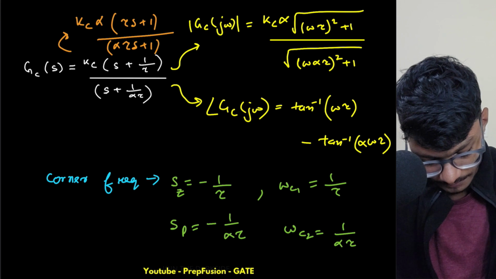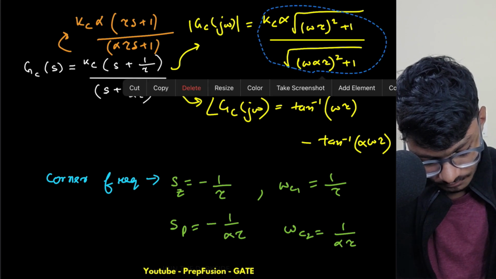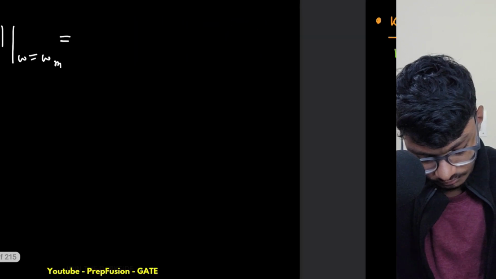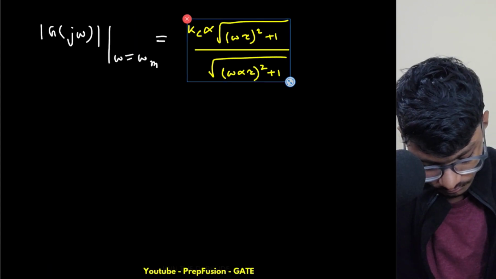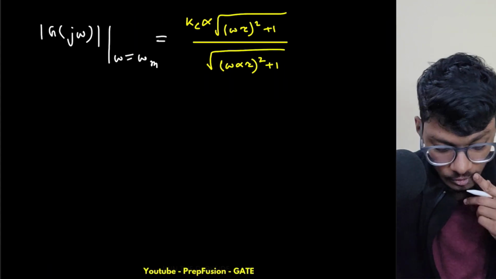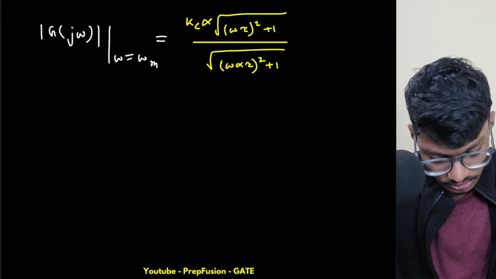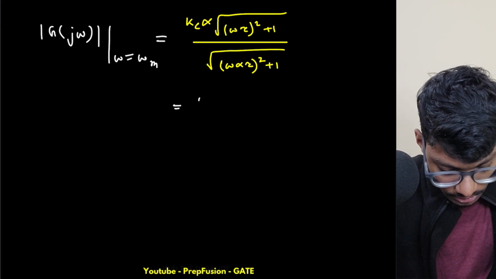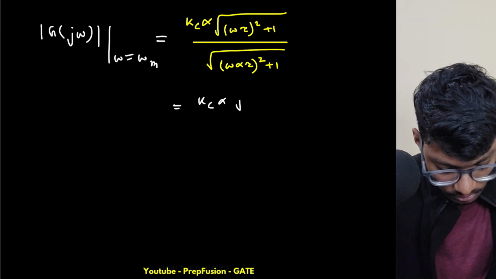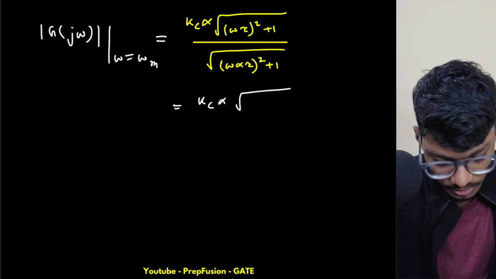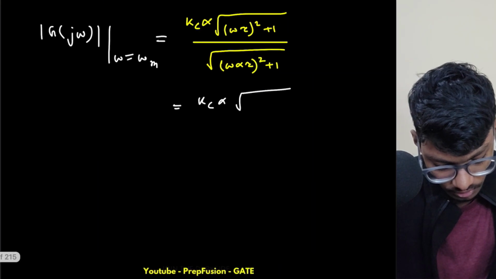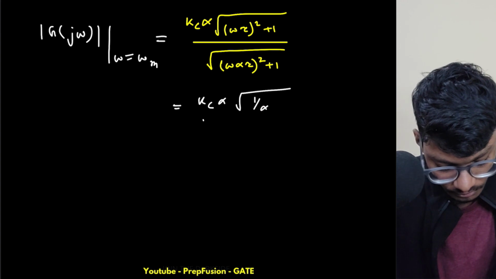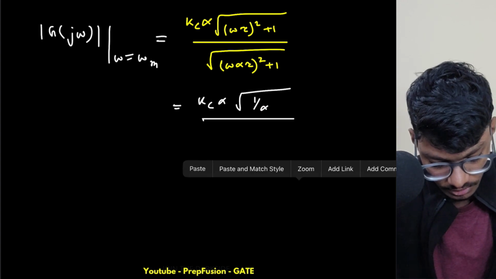Yeah, the magnitude is here. If you put omega equals omega m, you will get something like this: Kc into alpha, this is omega m, so it is 1 by tau into under root alpha, so this will be 1 by alpha.